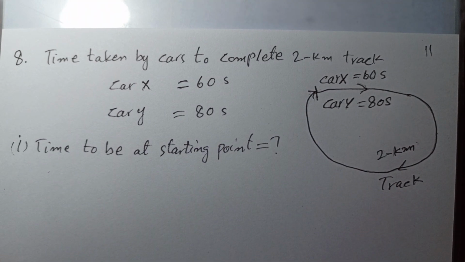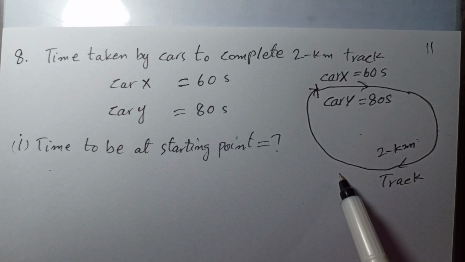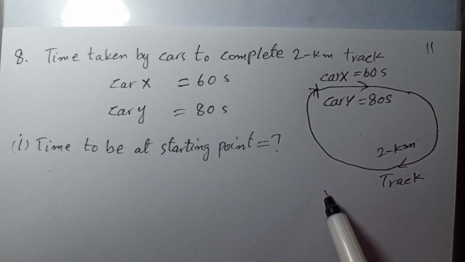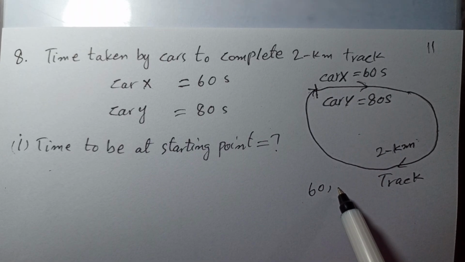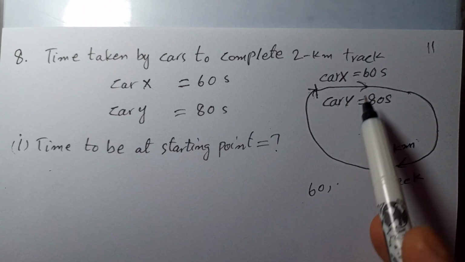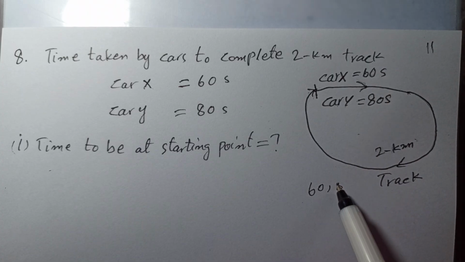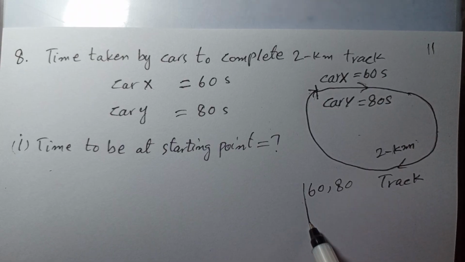I will take the division method to find LCM, as it is a very common method and I love it. It can be used for every number in minimum time. So take 60 and 80 here and find the LCM.